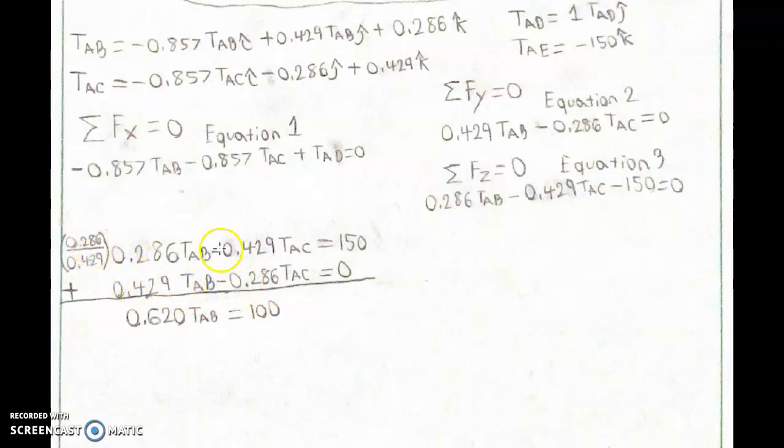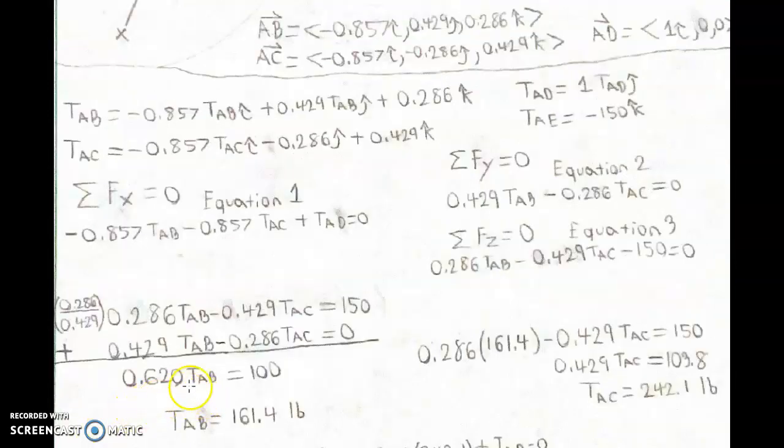When we multiply equation 3 by that, the 0.429 TAC will become 0.286 TAC, and they will end up canceling out, leaving us with 0.620 TAB set equal to 100, which is the result of all of this being multiplied by 0.286 over 0.429, and then summing it up.